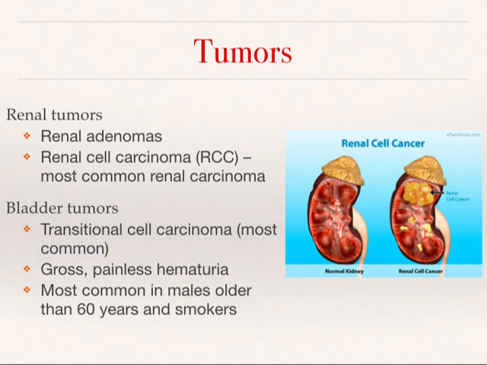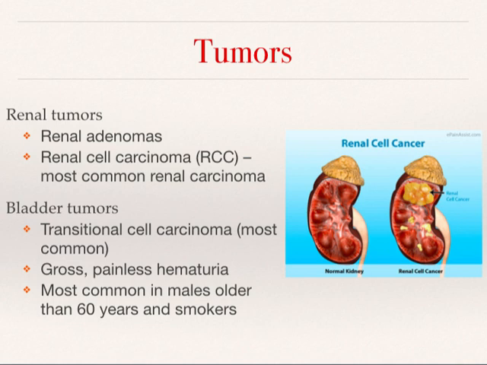And other things that I'll briefly talk about are tumors, like a renal adenoma. Renal cell carcinoma is probably the most common renal carcinoma, versus bladder tumors, where transitional cell is the second most common. But with these patients, a big red flag that you'll see is hematuria with typically no other symptoms at the beginning.